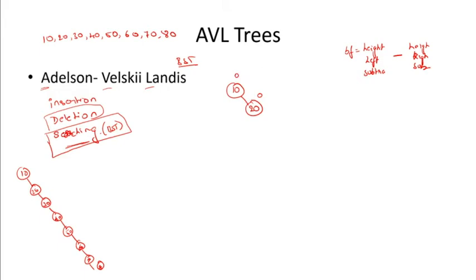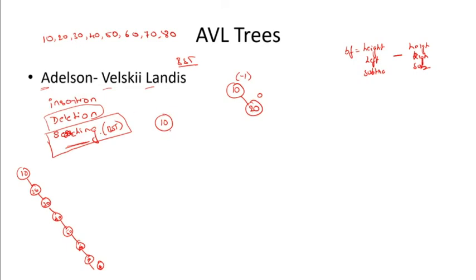In the right subtree you have 1 node and its height is 1. So the balance factor of this node is minus 1. I'll draw it here again because I want to insert the next value.